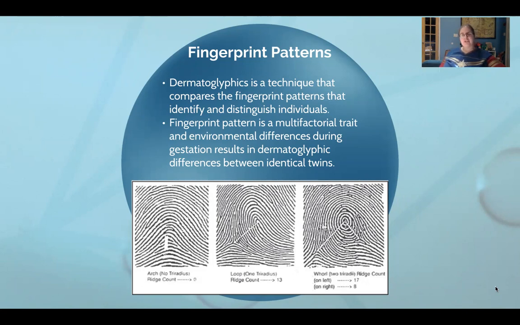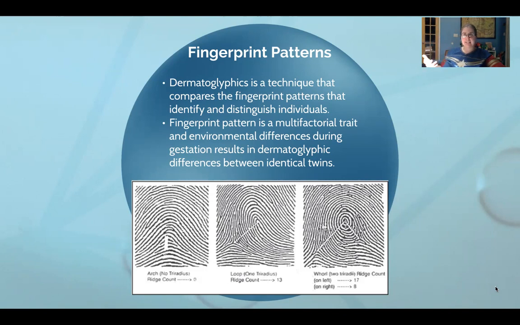But there actually is an environmental factor that changes it slightly between the two. And that factor is mom's body heat during pregnancy or gestation. So as the twins are sitting on different sides of the uterus and they push against the uterine wall, depending on where they push, there may be more or less body heat given off at that particular spot.